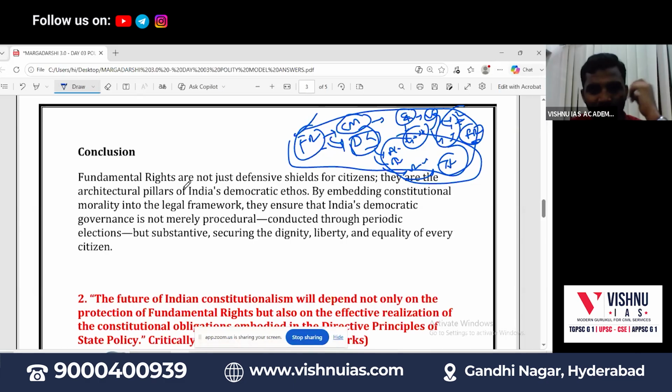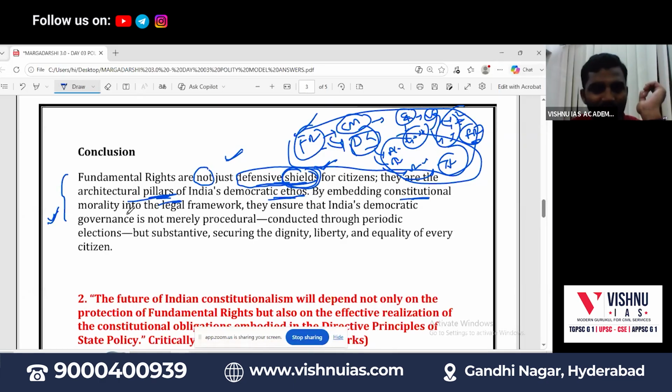Now coming to the conclusion, fundamental rights are not just defensive shields of the citizens. Very, very important word. They are not just defensive shields. They are architectural pillars of the democratic ethos. So please use such phrases. They will elevate your answer. So fundamental rights are not only shields from state actions, they are actually the pillars of democratic ethos.